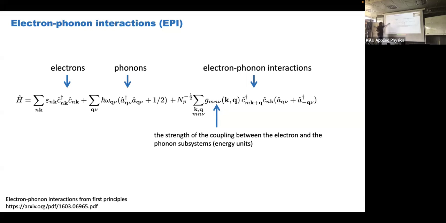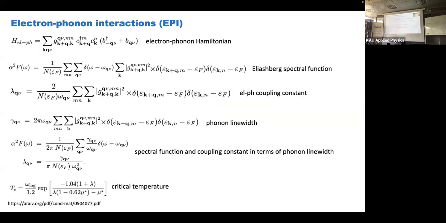For electrons, we have this operator of annihilation and creation C, for phonons A. And you see that here only C operators, here only A operators, and electron-phonon interactions are mixed C and A of electrons and phonons and some matrix. Our goal of our equations was to get this matrix. It's like the strength of the coupling between the electron and phonon subsystems. If we know this matrix, we can calculate a lot of properties, and we have done it.